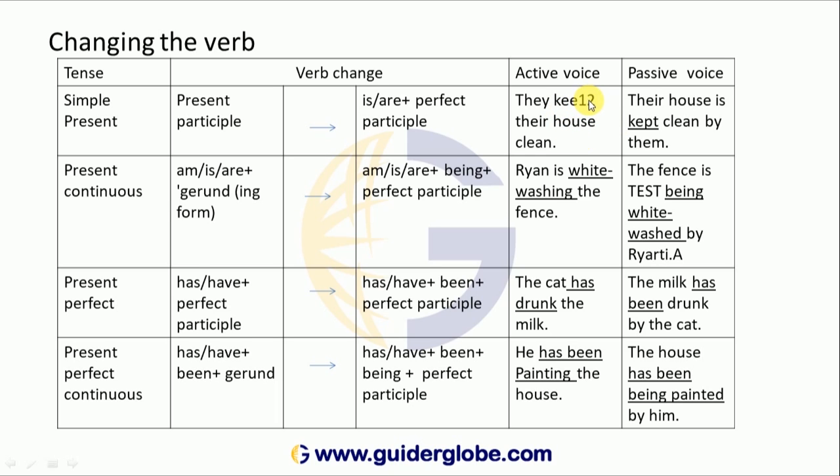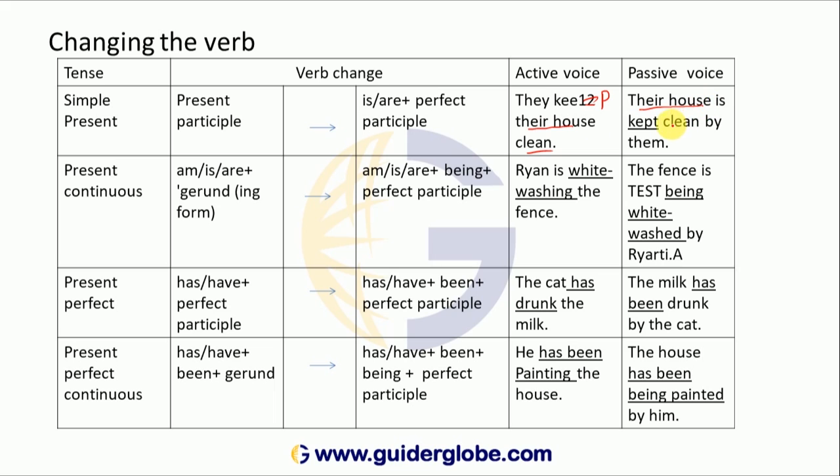This is keep, okay. The object is their house. That means it is not plural. House is singular. Their house.